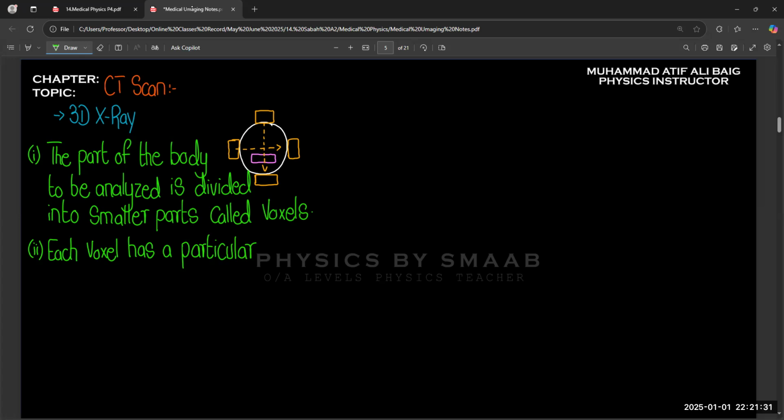We know that there are different parts of the body, and it depends on whether they are scanning the brain or different parts. It depends upon how much intensity is required to scan that part, because some parts are sensitive, so it is not good to transfer very high intensity X-ray through that part. So it depends upon that specific condition.